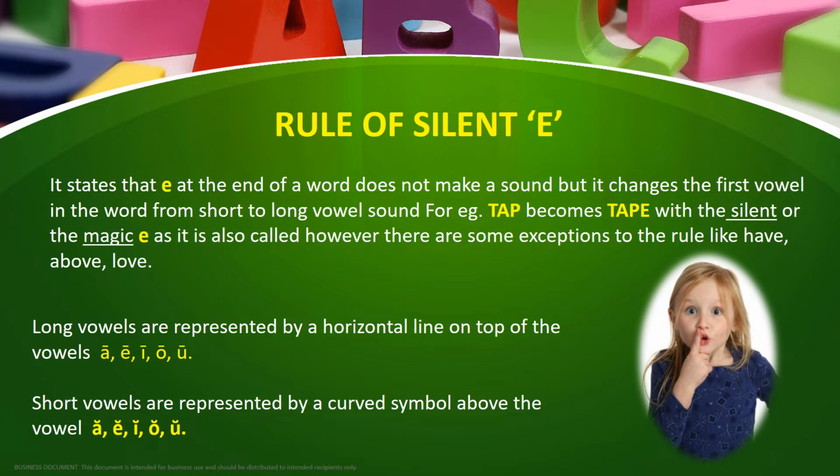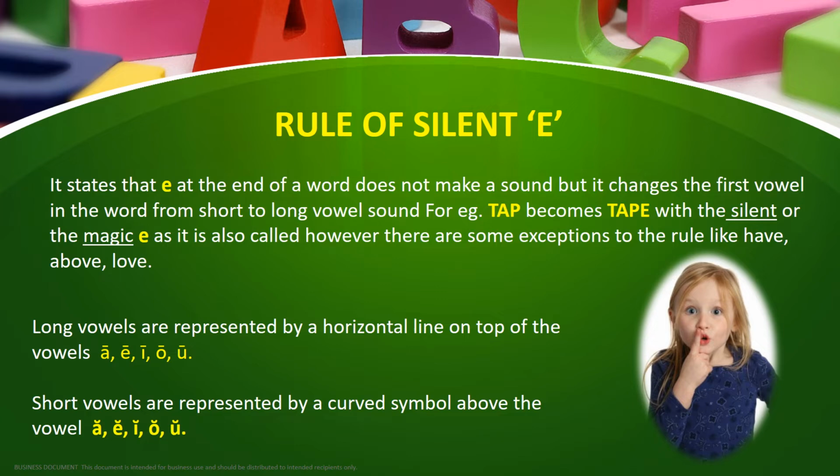Which means the E at the end of have is a silent E. But still, the A there, the vowel there, does not give its own sound like A. We don't say have. No, we don't. We say have. We still say have. So it's a short vowel sound even though it has an E at the end. So have is an exception for the rule of silent E.